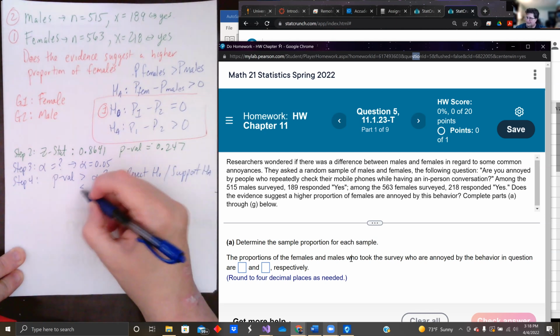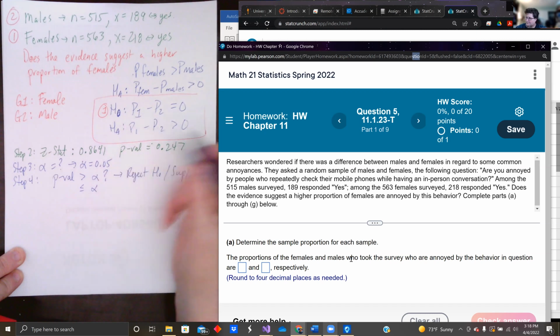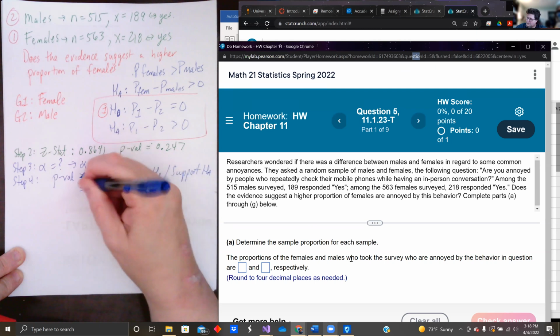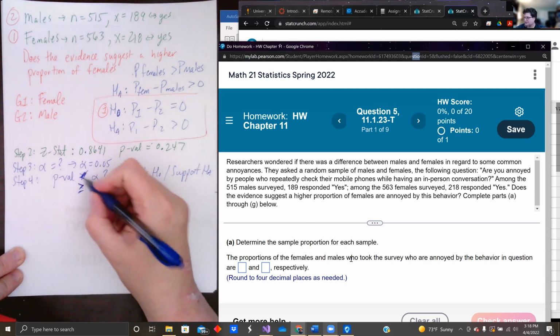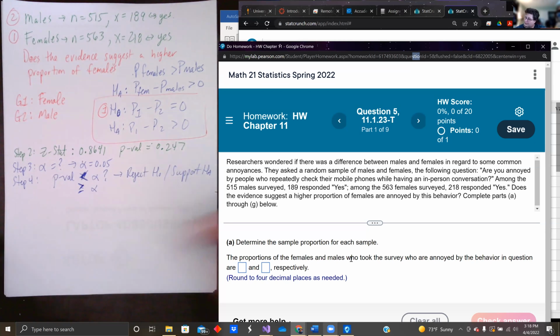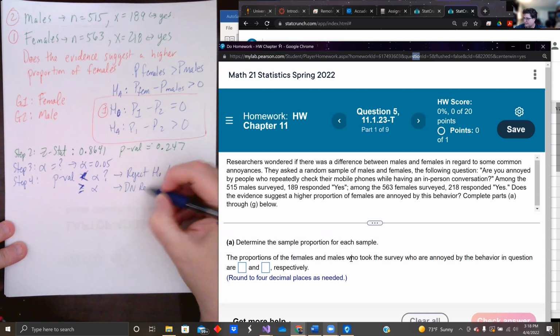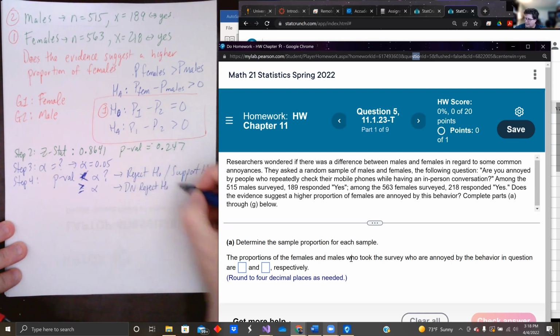I said that backwards. Is the p-value less than alpha? And is the p-value greater than or equal to alpha? There we go. If the p-value is less than alpha, we reject H naught. If it's greater than or equal to alpha, we do not reject H naught, and we do not support HA.